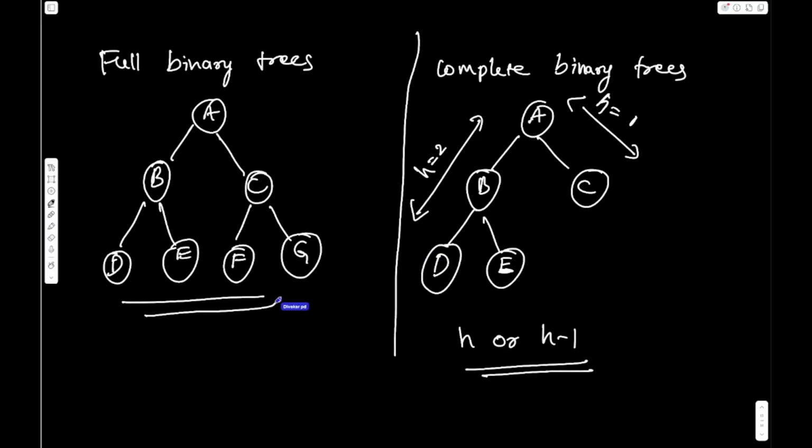Another concept is the complete binary tree, where all the leaf nodes will be at a height of h or h minus 1. If you see here, the height of the binary tree is 2, so the leaf nodes are present at height 2 or h minus 1, which is height 1. So this is a complete binary tree.